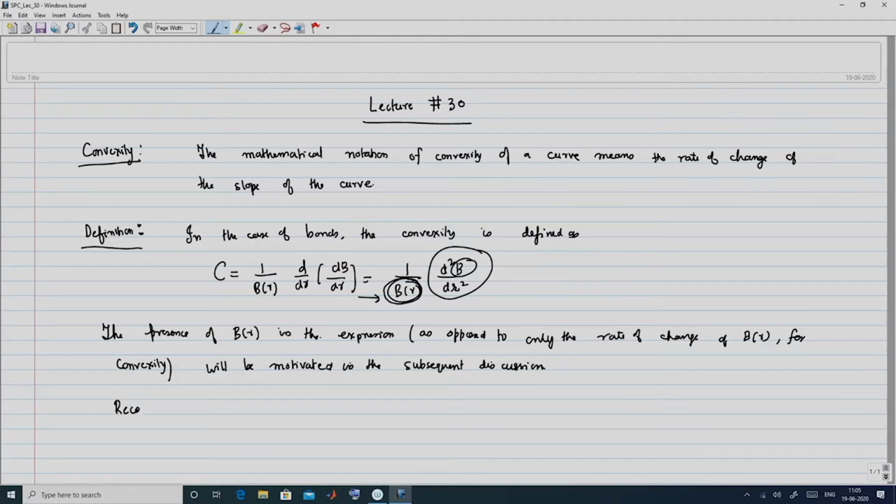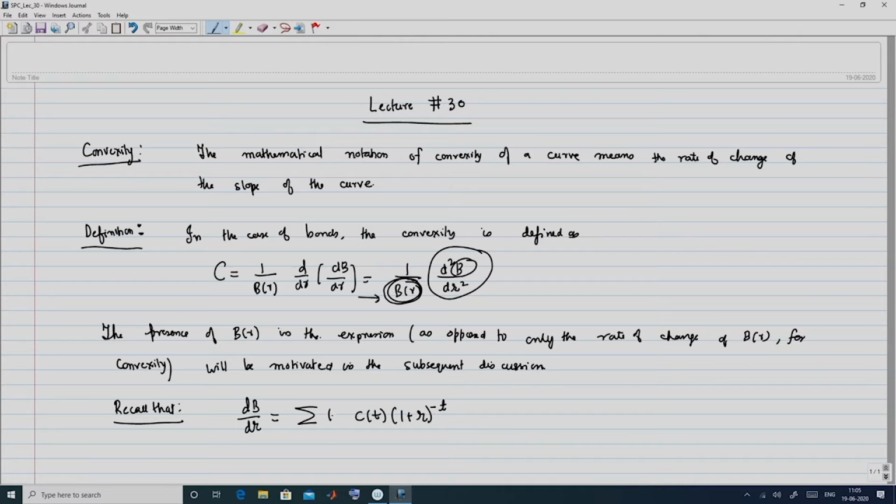Now, recall that dB/dr, we have already got the expression for this, and what was this? This was the summation of C_t and the derivative with respect to r of (1 plus r) raised to minus t.